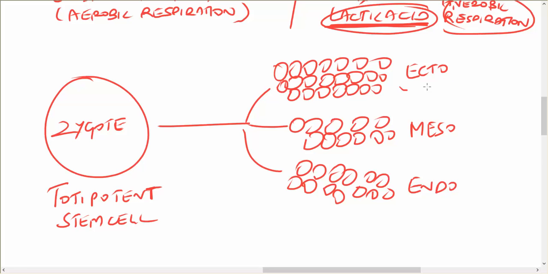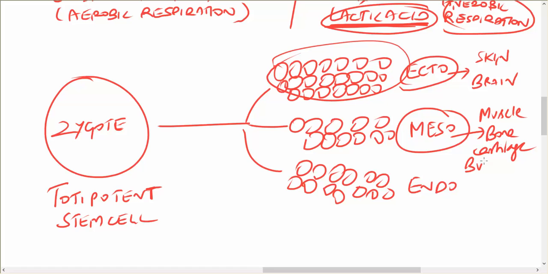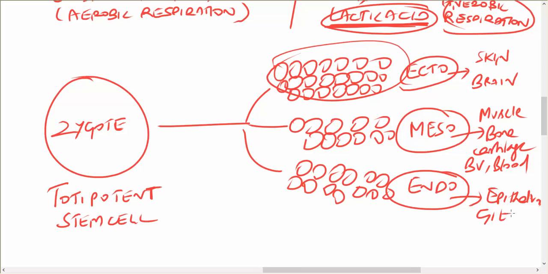From the group of cells present in the ectoderm, we get skin and brain. From the mesoderm, we get muscle, bone, cartilage and blood vessels, blood cells, like that. From the endoderm, the majority of the epithelium comes, for example GIT epithelium. So these are the structures that come from these cells.